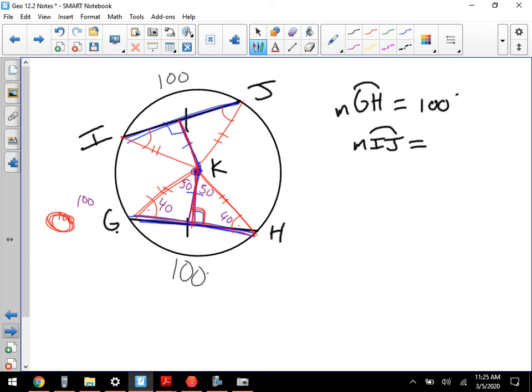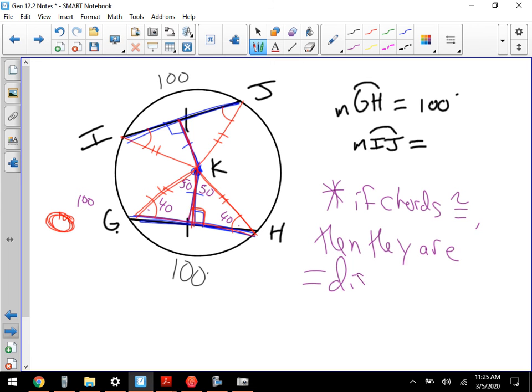Okay? So, like I said, the other one that we did here: if chords are congruent, then they are equidistant and perpendicular to the center.